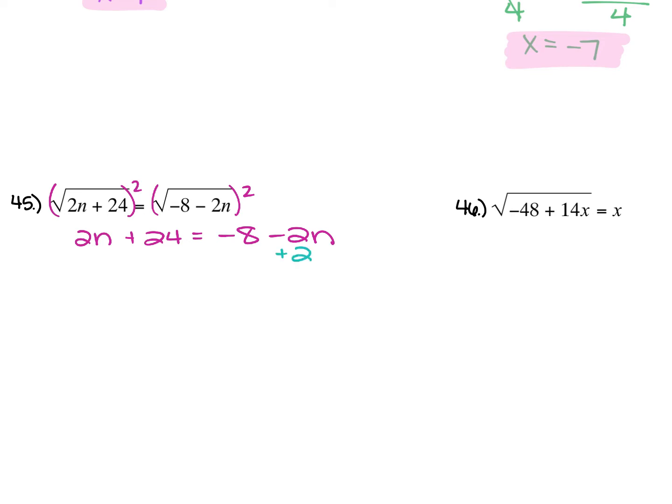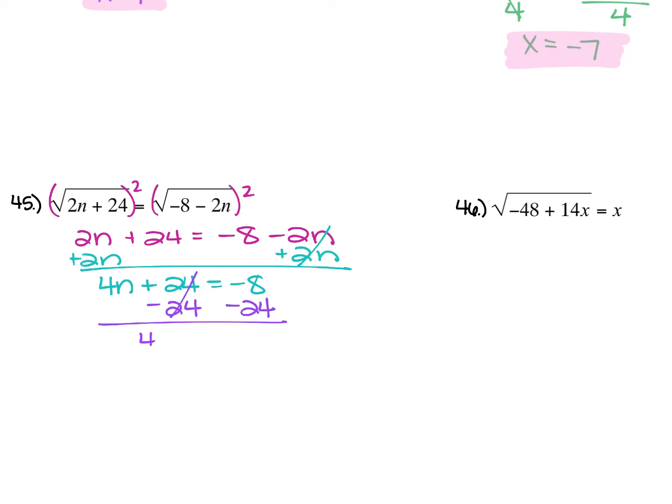Move your 2n over by adding it to both sides. This leaves you with 4n plus 24 is equal to negative 8. Move your 24 over now, subtract it from both sides. That gives you 4n is equal to negative 32. Divide each side by the 4, and you get that n is negative 8.